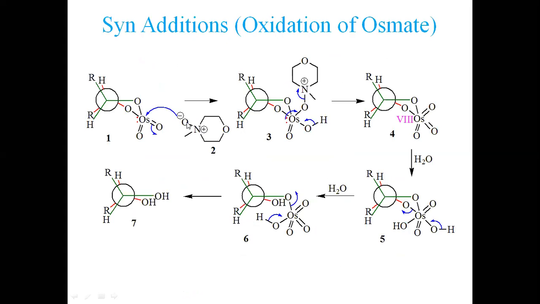N-methyl morpholine N-oxide, a heterocyclic ring. This oxide adds to osmium in a carbonyl type addition. So when it adds here, we get this entity, compound number 3, which is presented in this case. Now nitrogen is positively charged, it shall take this electron pair to stabilize the positive charge on nitrogen. So this oxygen shall become electron deficient. If you remember, osmium already contains a non-bonding electron pair.